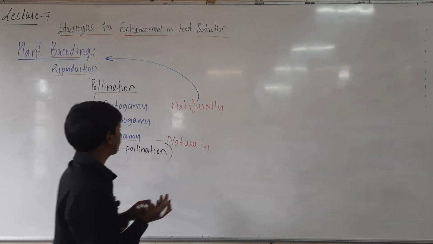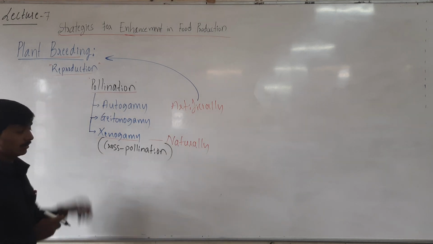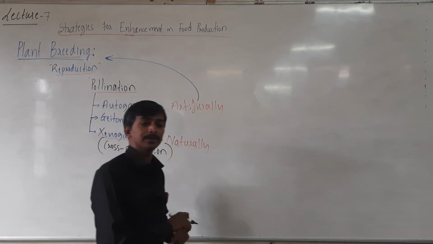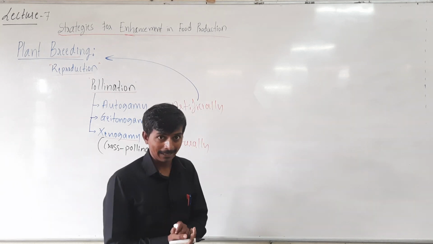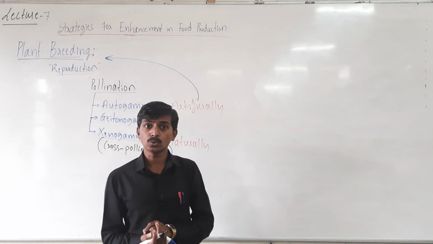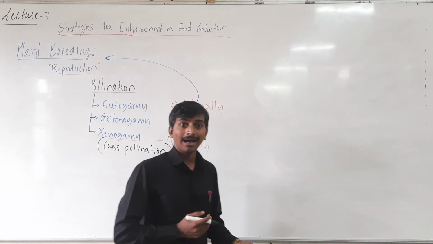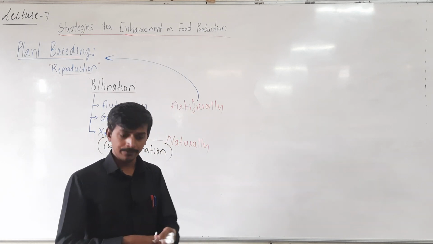Okay, that is the actual meaning of plant breeding. We can define plant breeding as the process of manipulation of plant species so as to get improved or high yielding varieties of the plant.